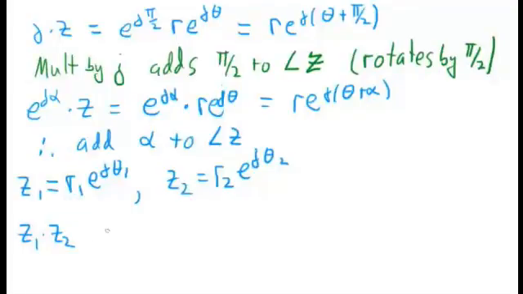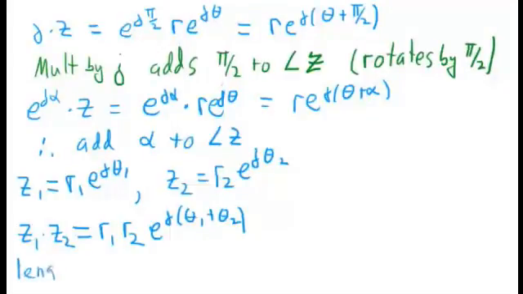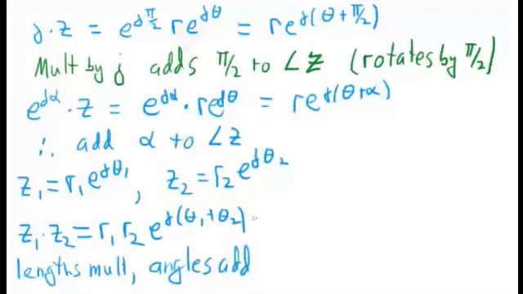You get r1 times r2. Those are the magnitudes multiplying. Then when you multiply the exponentials, the law of exponents gets us j theta 1 plus theta 2. Lengths multiply, and angles add. That's the theta 1 plus theta 2.